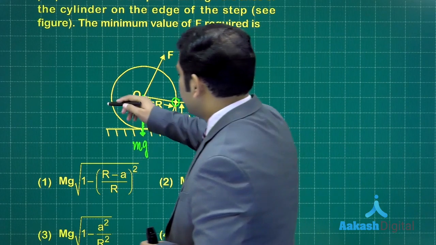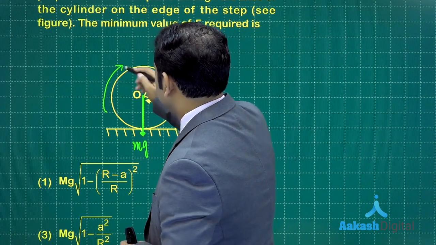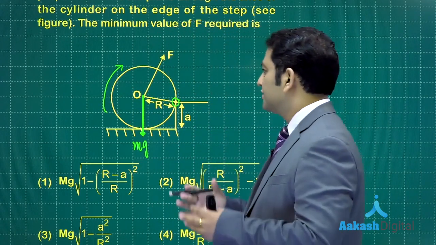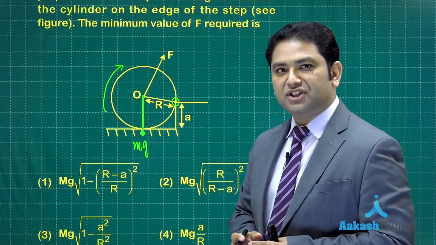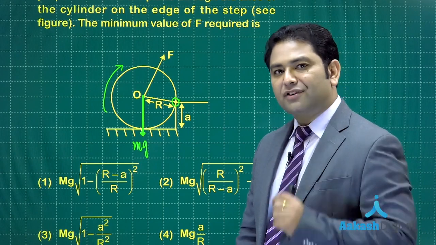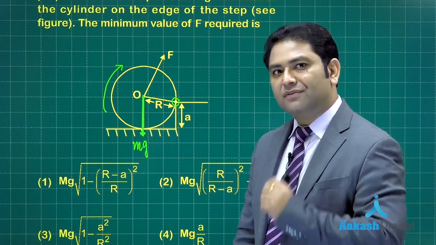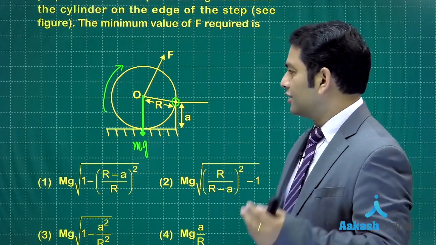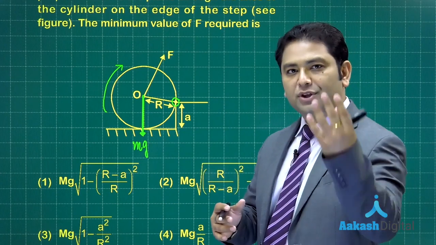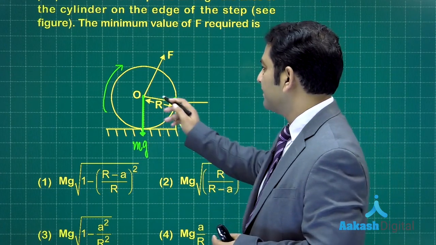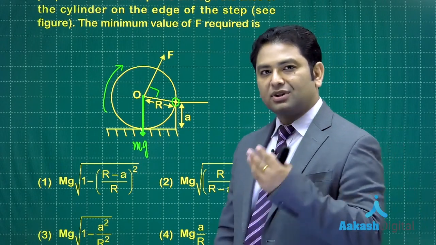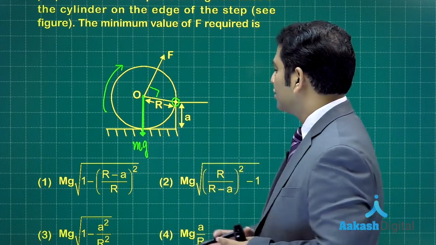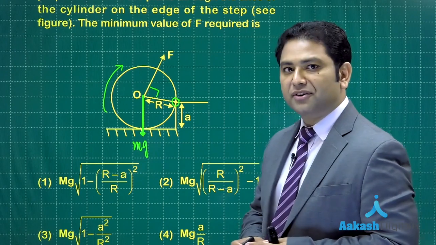So now since the cylinder has to climb above this step, the torque due to force has to be greater than that of mg. Apart from that, it also says minimum force. So of course, with a minimum force to produce maximum torque for a given distance, the angle has to be 90 degrees. So that can be understood, or the conclusion can be drawn.